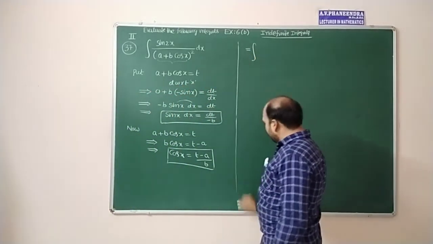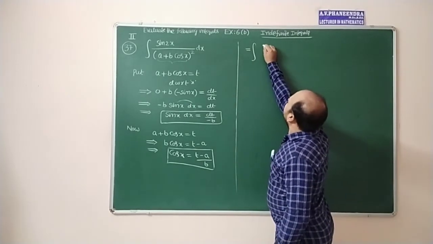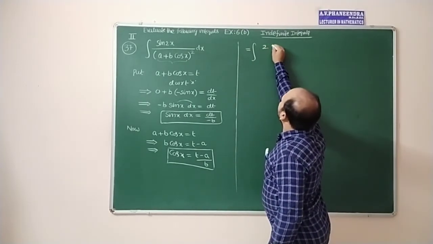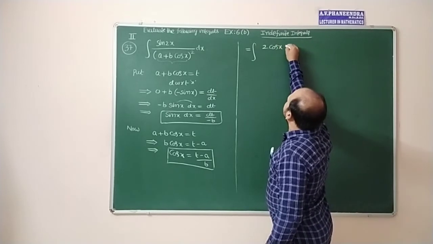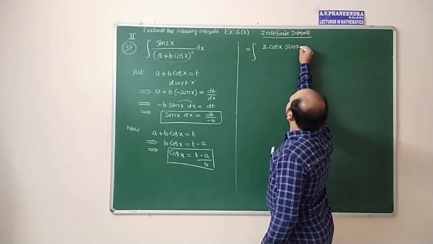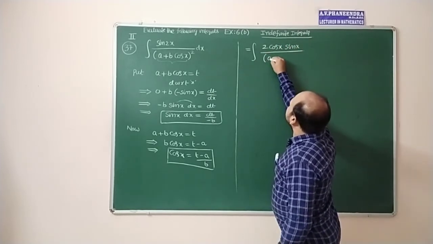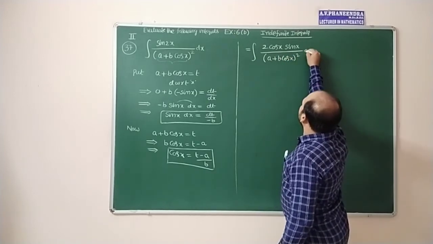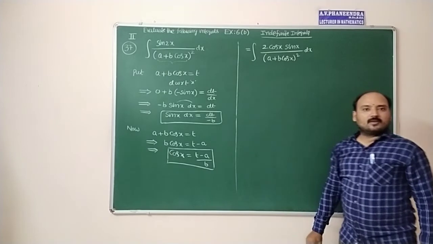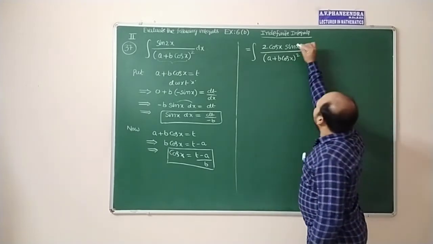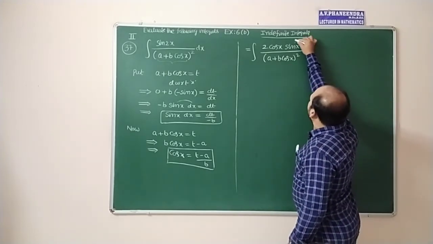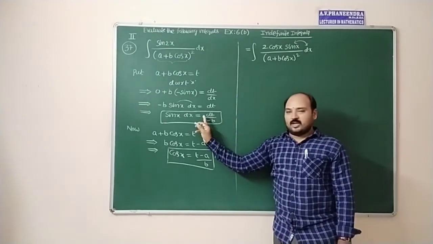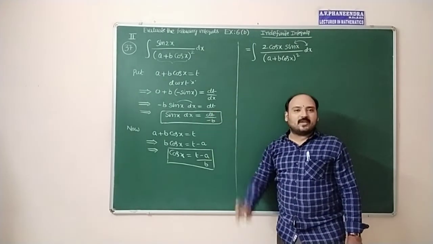integral sin 2x can be written as 2 cos x into sin x divided by a plus b cos x whole square. This is the question, into dx. In place of sin x dx, you have to write this box value dt by minus b.